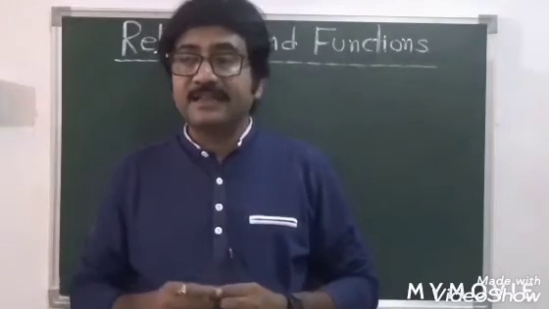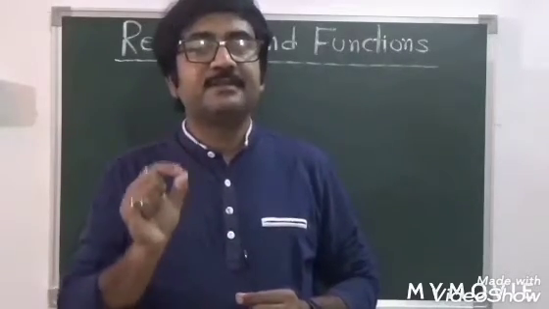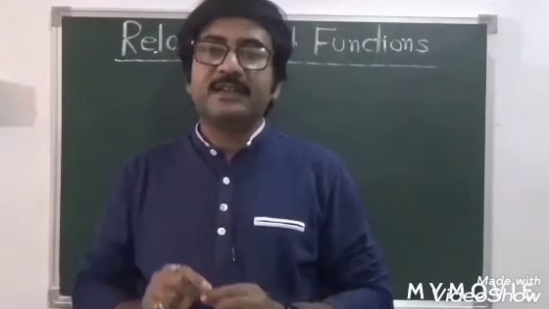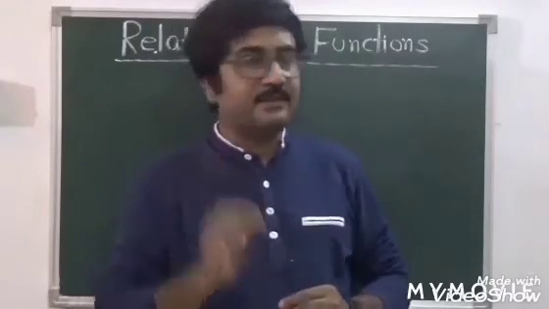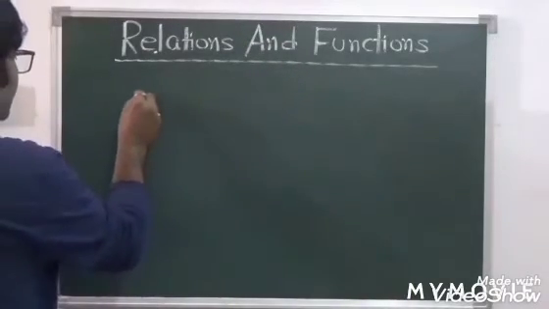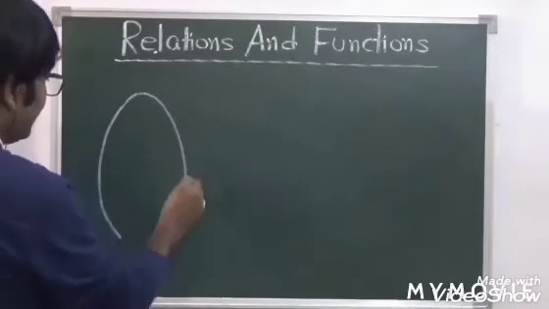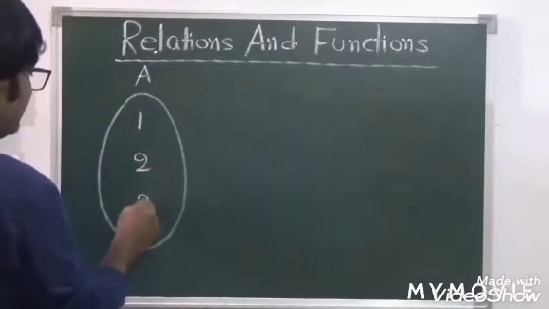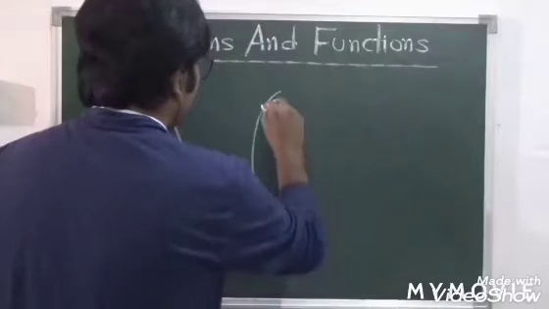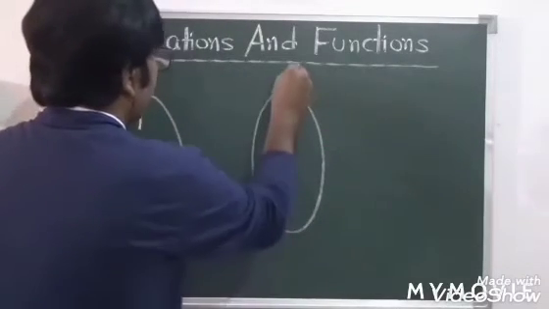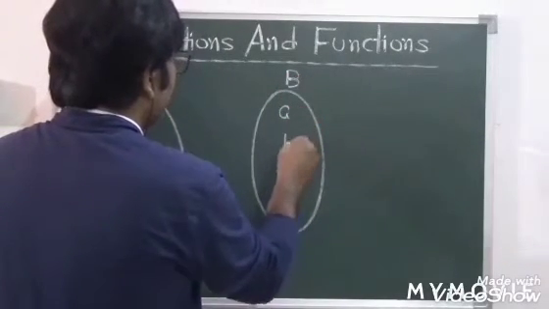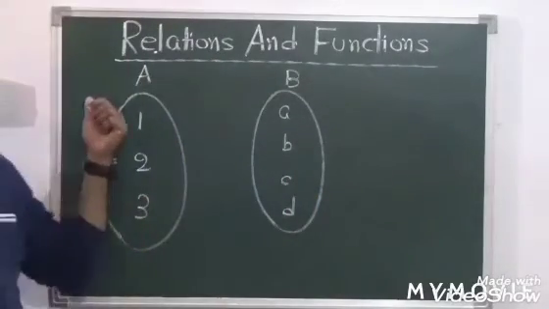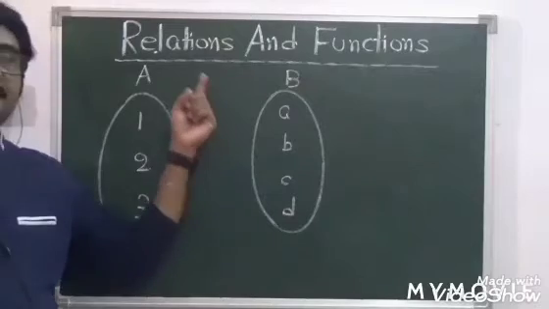So if we are saying it is A cross B, this means all possible pairs that you get beginning from set A and ending with set B. So let us draw the Venn diagram for A cross B. This is set A consisting of the elements 1, 2, 3 and this is B having a, b, c, d.